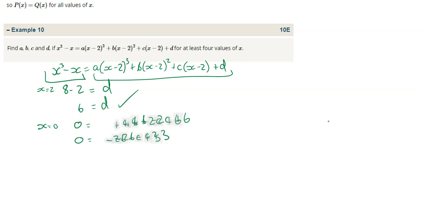Okay, well, let's move that over. That wasn't negative. Start that one again. So if x equals 0, we get 0 equals, that term is just 1. And so it would be negative 8, just on its own, plus 4b, and what was it, minus 2c plus 6.